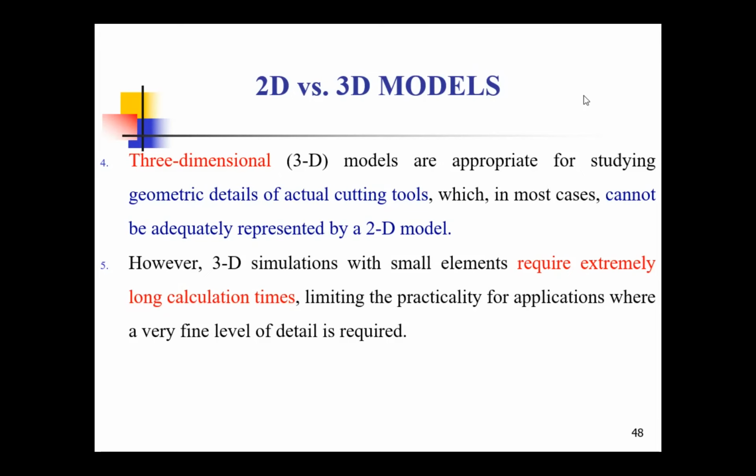But 2D models provide results within half an hour or one hour. So when there are practical limitations in time, we have to stop with the 2D models. But if I want to study the chip morphologies in depth, it is better to go with 3D models.